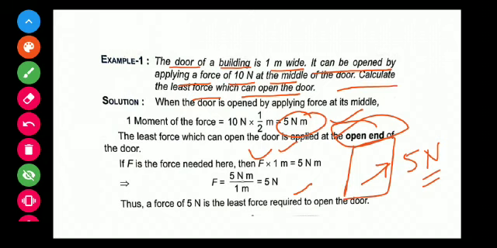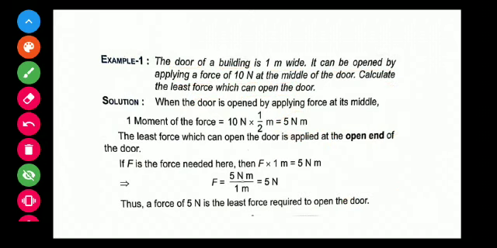Force is F, perpendicular distance is 1 meter because the door is 1 meter wide, and torque is 5 Newton meter. Therefore force is equal to 5 Newton meter upon 1 meter. There is cancellation of the unit of meter, and force is 5 Newton.